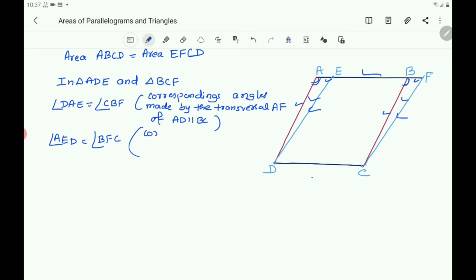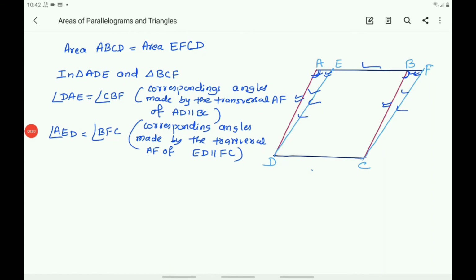Reason: corresponding angles made by the same transversal AF of ED parallel to CF, or FC, same line.